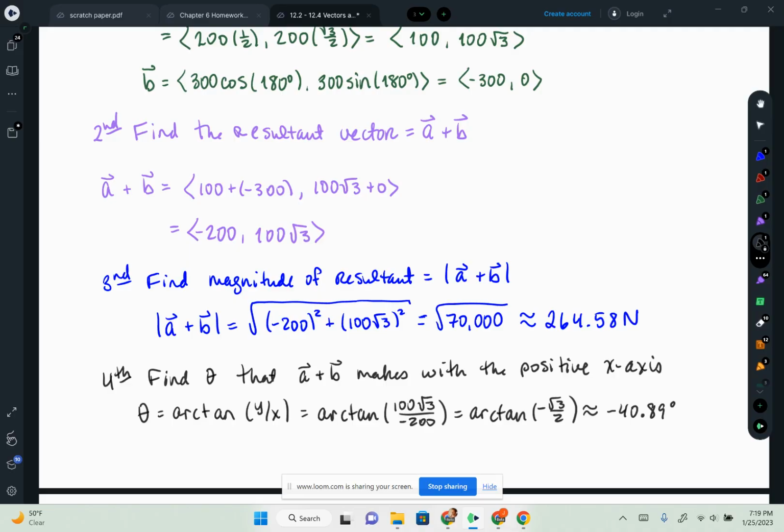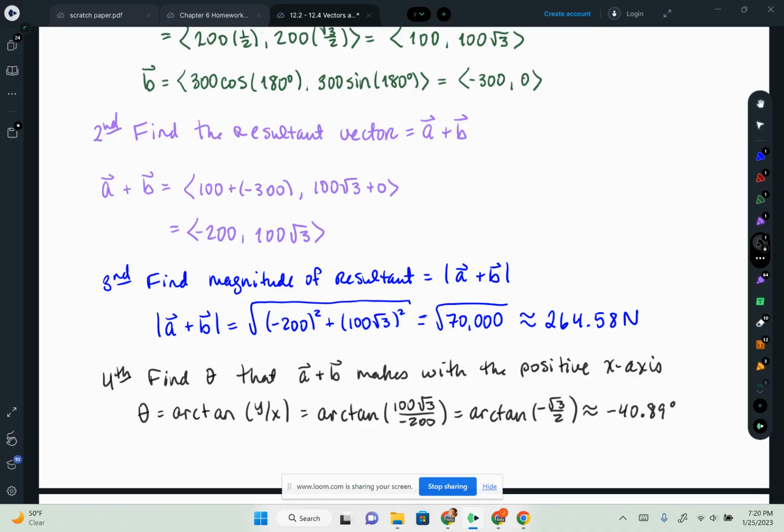We define tangent so that it's between minus pi halves and positive pi halves, which means arctangent is always going to give us angles between minus pi halves and positive pi halves. So it makes sense that we got this.